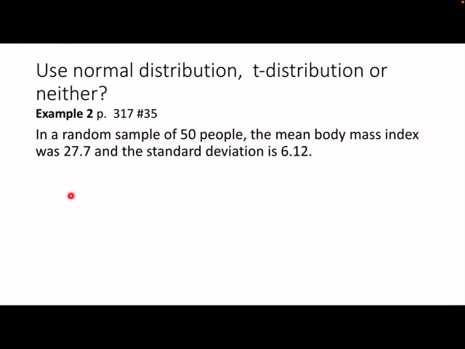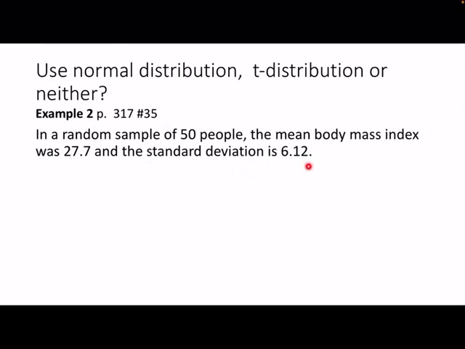That means this is the sample standard deviation, S equals 6.12. So if that is all they're giving us, and then they ask us to construct a confidence interval at whatever percent confidence, we're only given the sample standard deviation. It says sample's not right here, but this whole sentence is about the sample. So this would be interpreted as S.